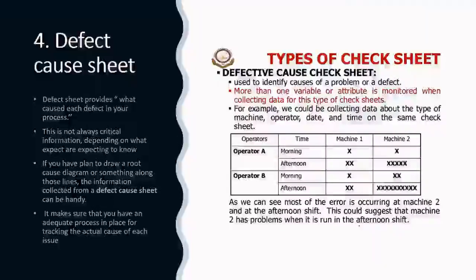Here you can see that when operator B is working in the evening time with machine 2, he shows the highest number of defects.